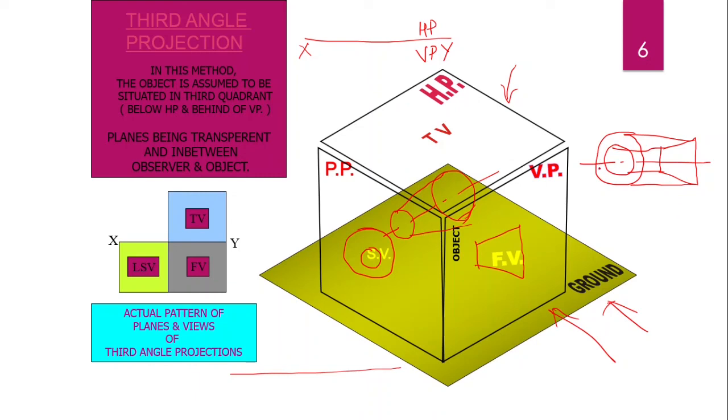That means the object is lying in the third quadrant, and all the reference planes are transparent. That is the most important condition in third angle projection.